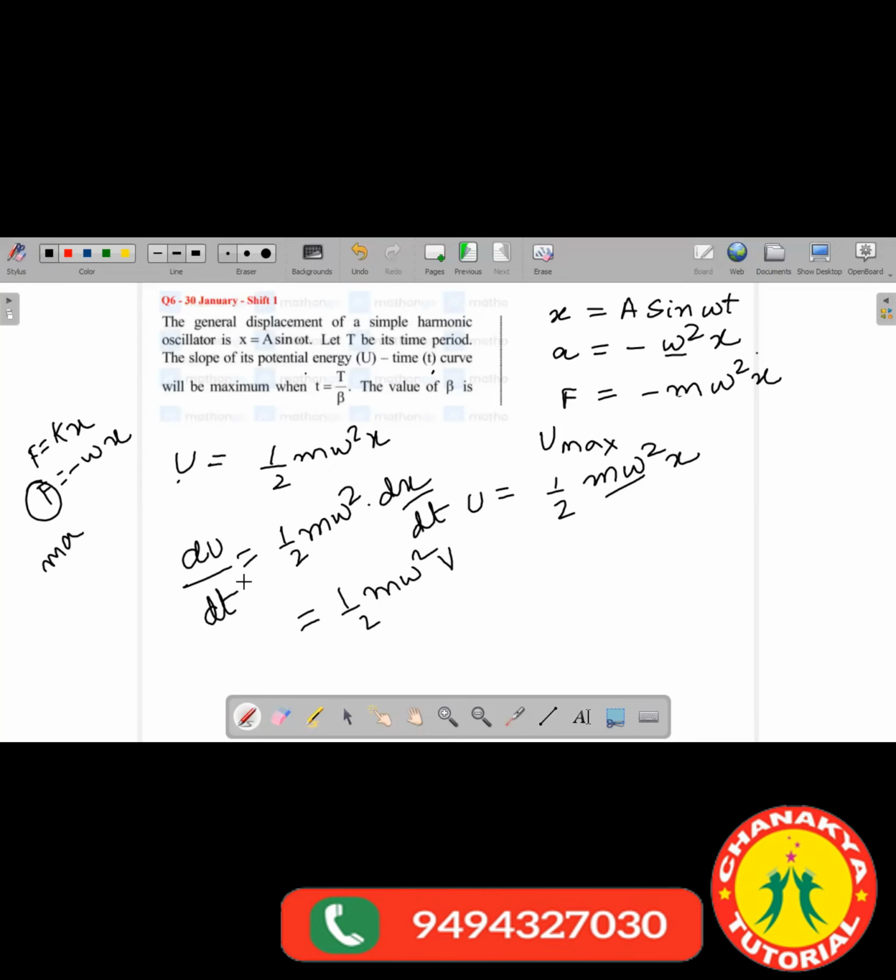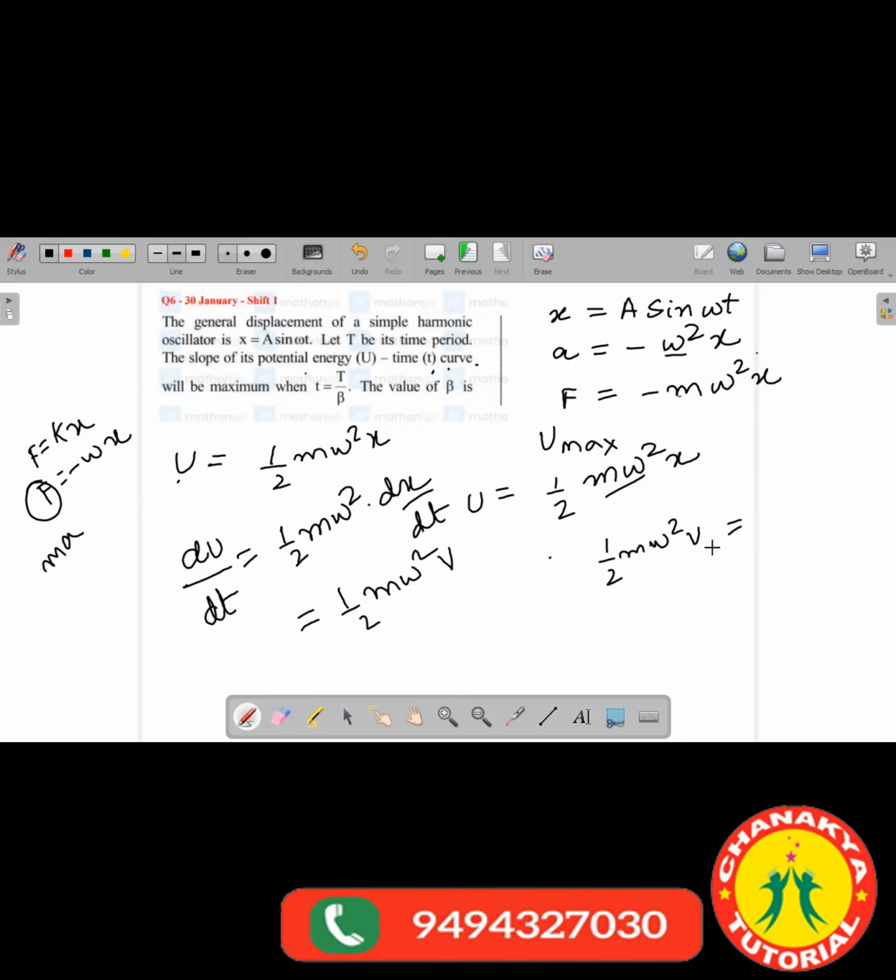Sorry, the slope of its potential energy and time curve will be maximum. Slope will be maximum, that means du by dt will have a maximum value, and this will have a maximum value 1 by 2 m omega squared v equals du by dt, and it should be maximum.